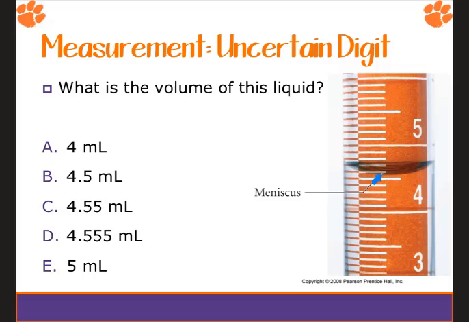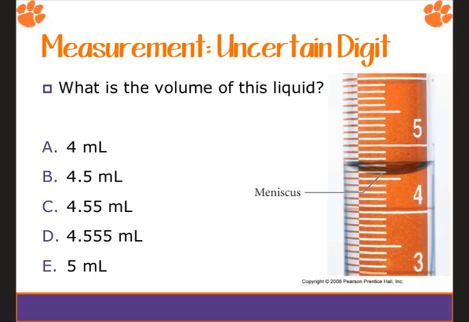And we see the bottom of our meniscus is somewhere between 4.5 and 4.6. So we estimate 1 digit beyond. Based on our answer choices, we know that it's 4.5. Those are our definite digits, and then we estimate 1 digit beyond. So we have our answer as C, 4.55 milliliters.